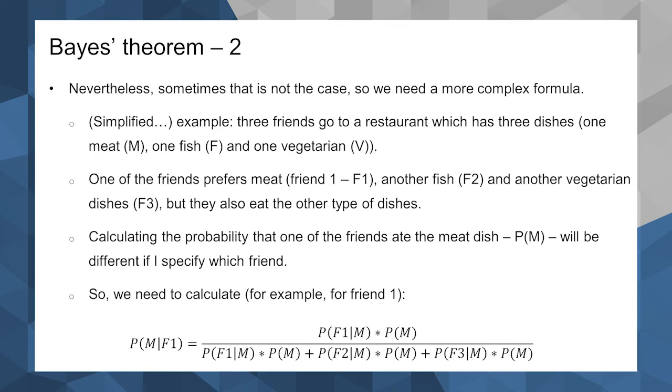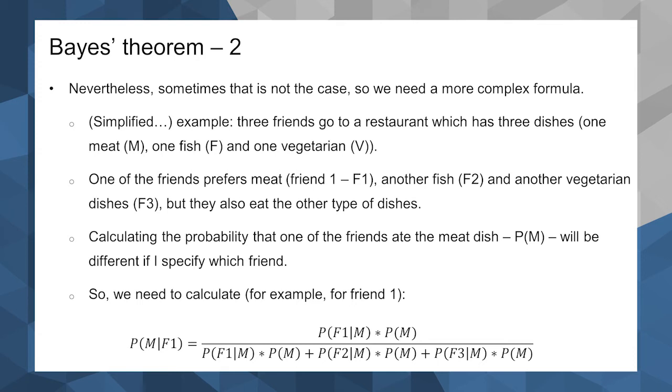The friend that prefers fish may have a probability of choosing the fish dish of 65%, 20% of choosing the meat, and 15% of choosing the vegetarian, and so on. So then the question that you might have, and this is an example, is calculate the probability that one of the friends ate the meat dish.